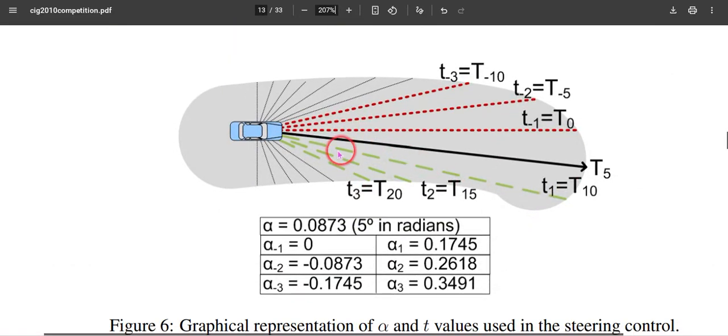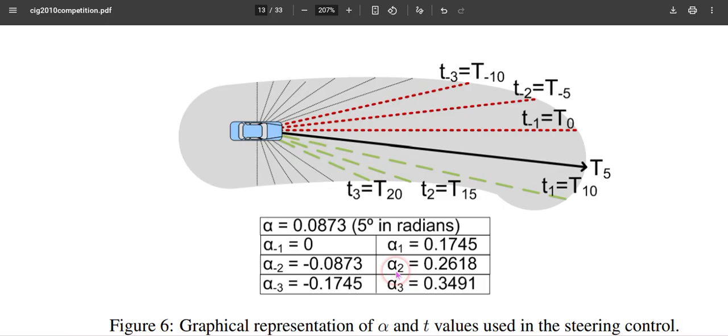So alpha is the direction in which the car can travel the longest distance. That will be chosen as alpha, and the neighboring angles give you alpha minus 1, alpha minus 2, alpha minus 3 in the left direction, and alpha plus 1, alpha plus 2, alpha plus 3 in the right direction. Same thing for t minus 1, t minus 2, t minus 3 on the left and t plus 1, t plus 2, t plus 3 on the right.